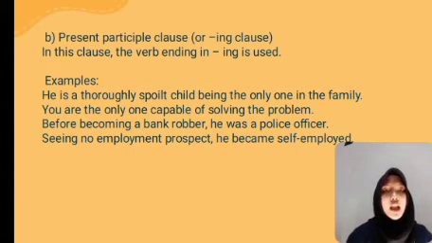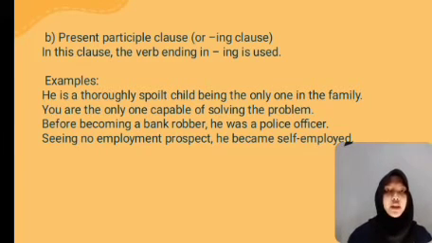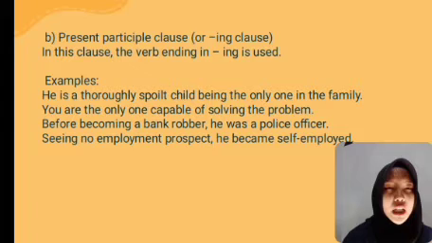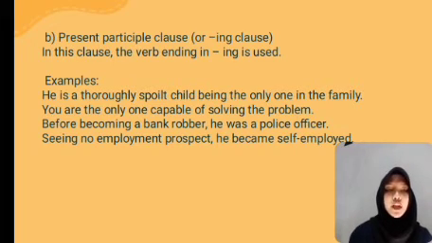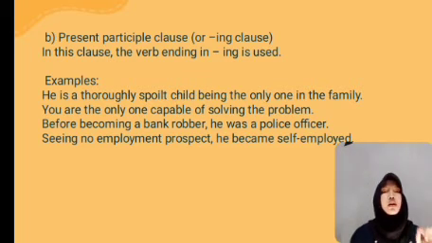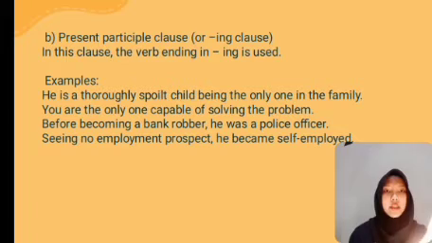For example: he is a historically spoiled child, being the only one in the family. Being is from the word be, and the verb ending is -ing. You are the only one capable of solving the problem. Solving, from solve, ending with -ing. And the example you can see.